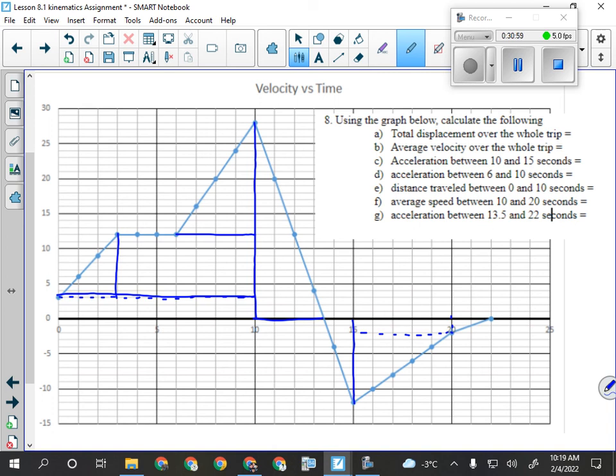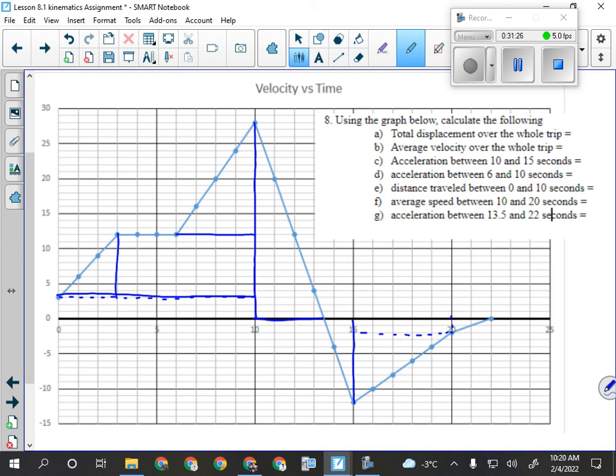And then you have to find areas of all those shapes and add them all together. Now, the trick to this one is, yes, I add them all together, but some of them are negative. And I have to keep that in mind, right? When I'm calculating the displacement, the area of these triangles that are below the x-axis, sorry, need to have negative numbers, okay? Because during those parts of the graph, I am going backwards. So I'm retracing my steps, and that is going to affect my final position.